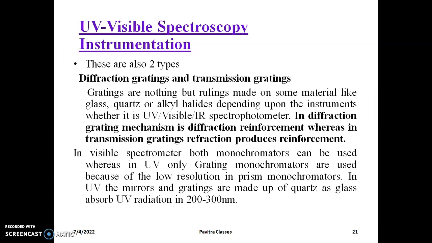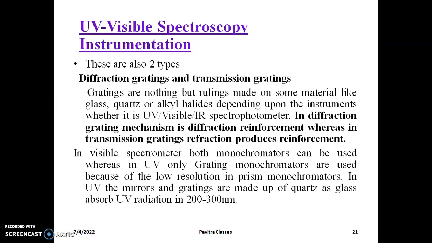Gratings are nothing but rulings made upon materials like glass, quartz, and alkyl halides, depending upon the instrument, UV, visible, or IR. In the diffraction grating, the mechanism is diffraction reinforcement, whereas in the transmission grating, refraction reinforcement takes place.